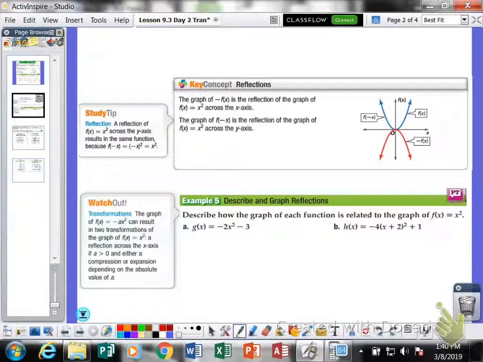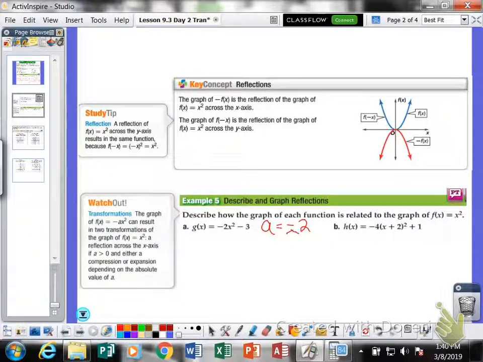Describe how the graph of each function is related to the graph f of x equals x squared. So let's see here. We have a negative out in front. So we have a is equal to, there's a couple things here. A is a negative, and it's also 2.